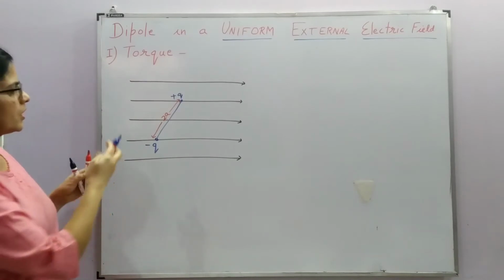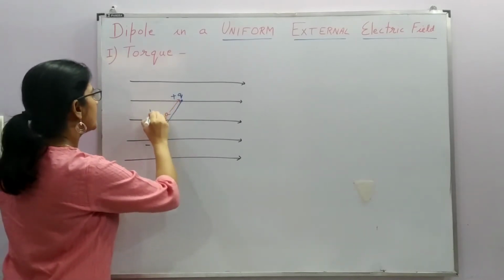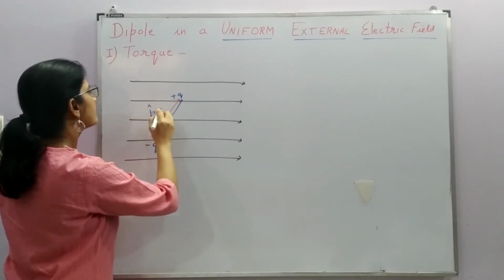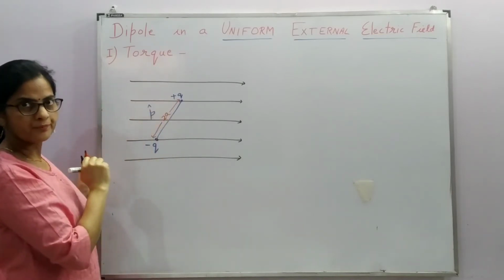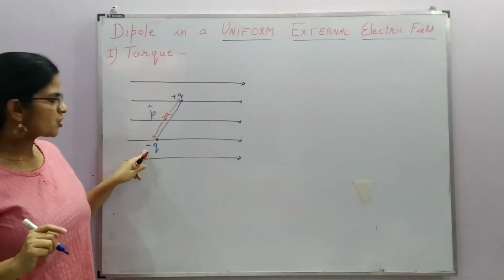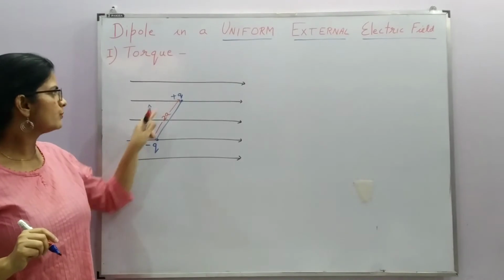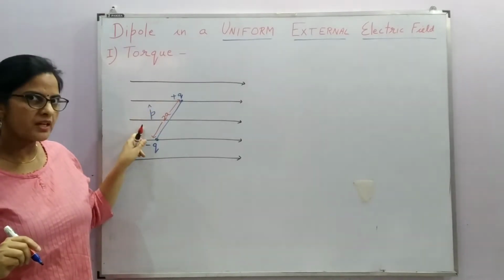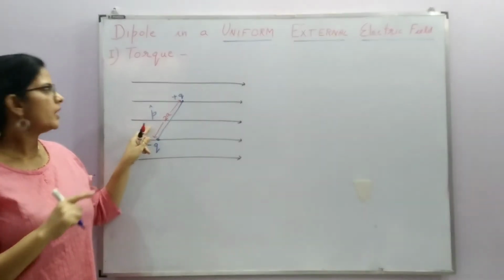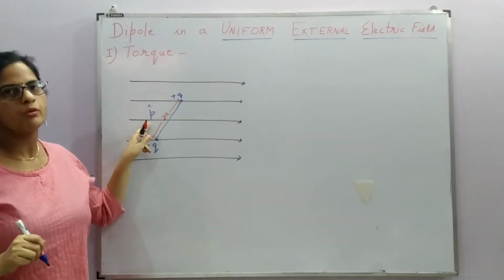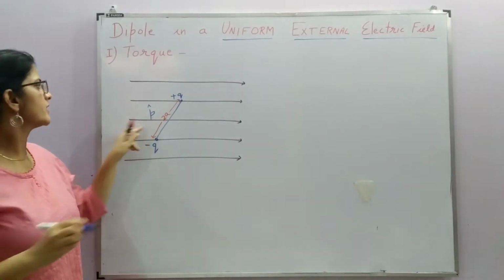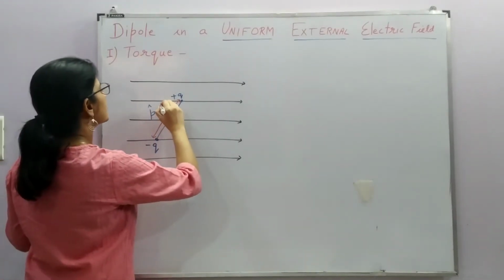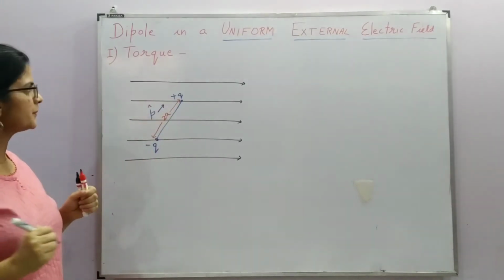right? Now, P cap is the unit vector which directs from minus Q to plus Q. And what is this P cap? The unit vector along the direction of dipole moment. We have already studied this. Now, this is the direction of the dipole moment vector.